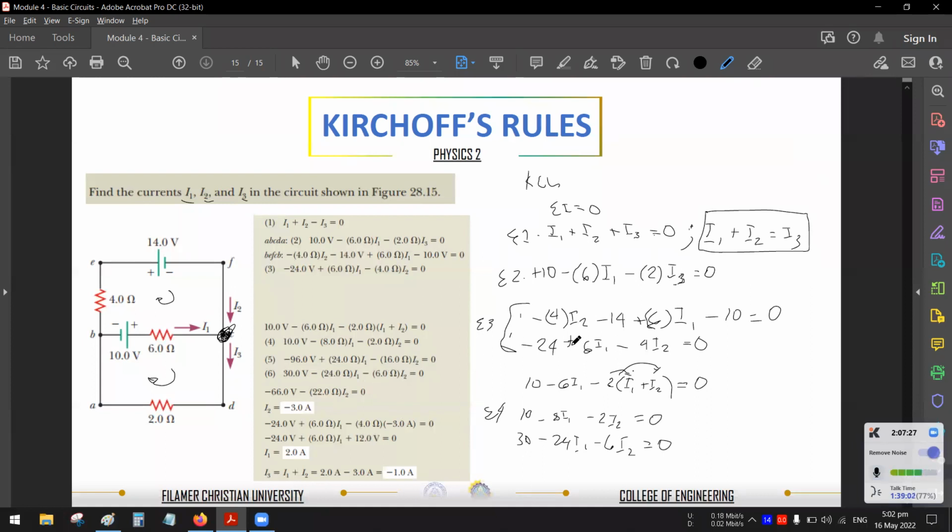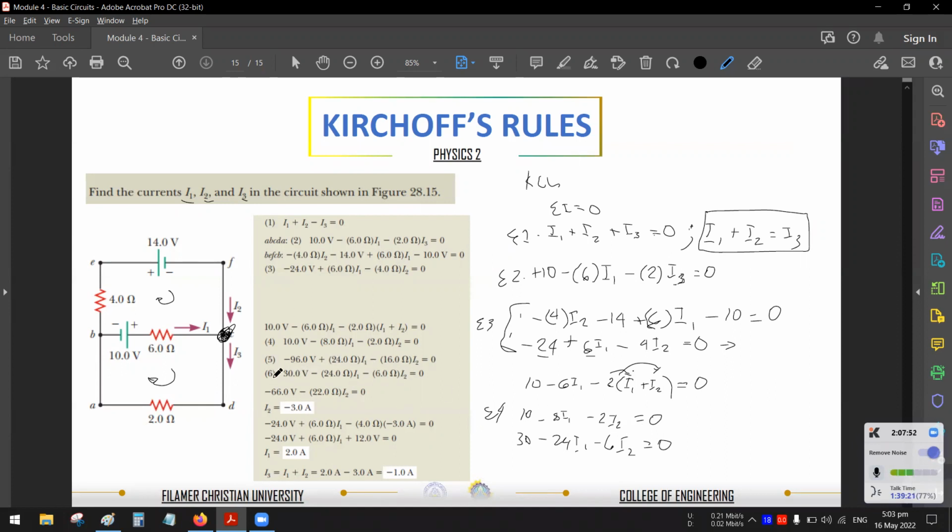Yung equation 3 kasi, ito, multiply naman natin to by 4. So, multiply natin to by 4. So, magiging negative 96 to. Negative 24. So, makakancel out yung I1 natin. So, matitira would be I2. Okay?